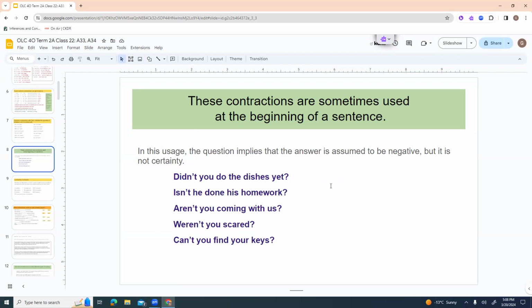And you're kind of demanding an answer, like, why didn't you do the dishes yet? Or, hasn't he done his homework? Aren't you coming with us? Weren't you scared? Can't you find your keys? These are kind of questions that are asking for a little bit of explanation. They're sort of implying there's confusion. There's something they thought was going to get done that didn't somehow get done or didn't happen in some way.